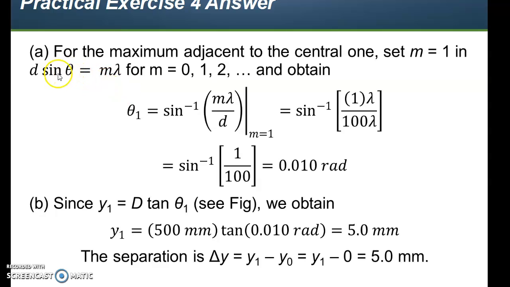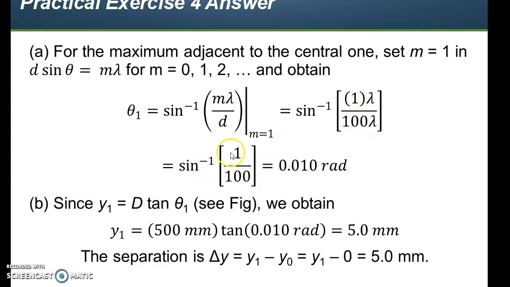So that means theta 1 for m equals 1 would be the inverse sine of m lambda divided by d, or just an inverse sine of 1 lambda over 100 lambda, right?